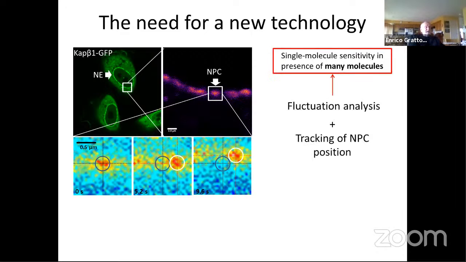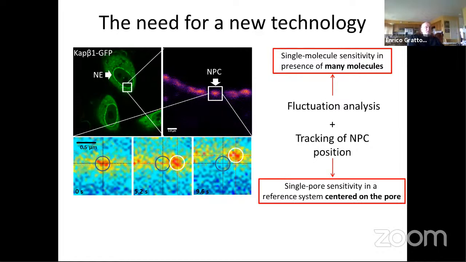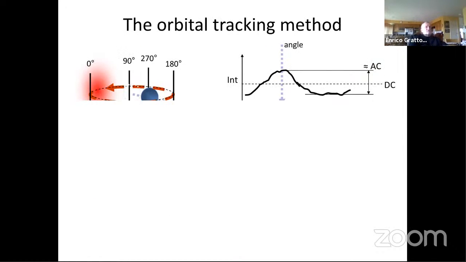Fluctuation analysis will not give us very much because the objects move too much. So in order to do that, we will use orbital tracking. I will not describe the orbital tracking in detail, but in orbital tracking you orbit a particle, which in this case will be a nuclear pore, an entire nuclear pore complex.